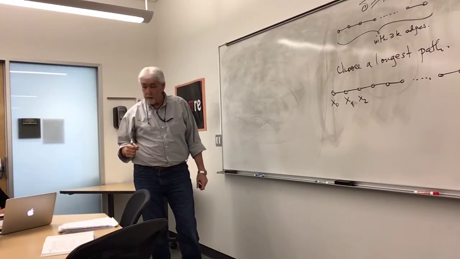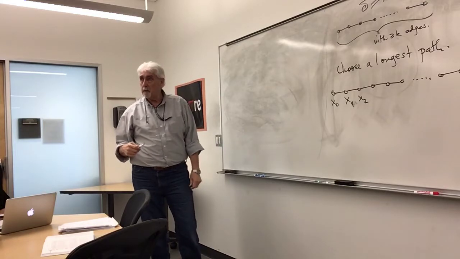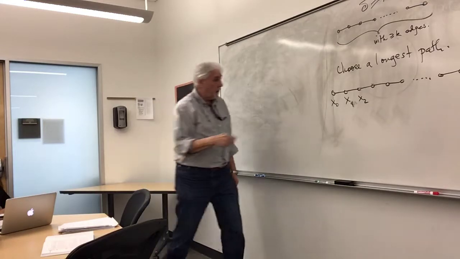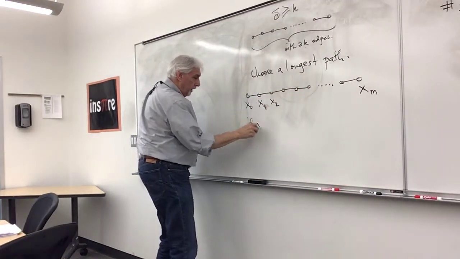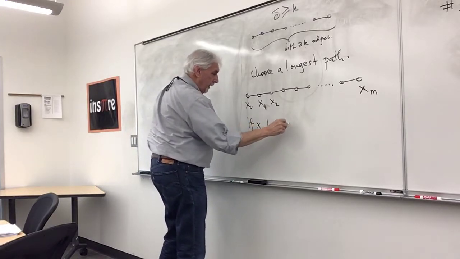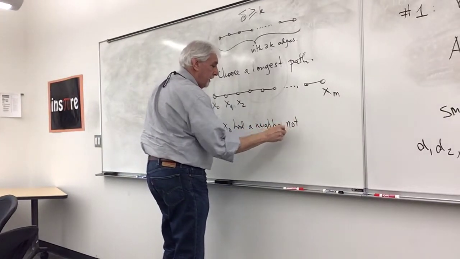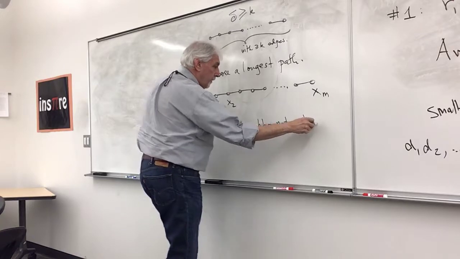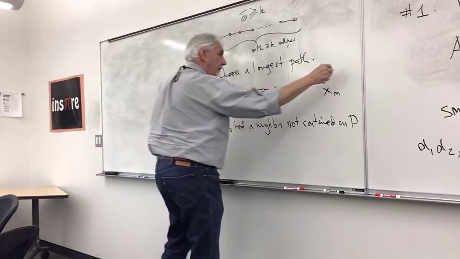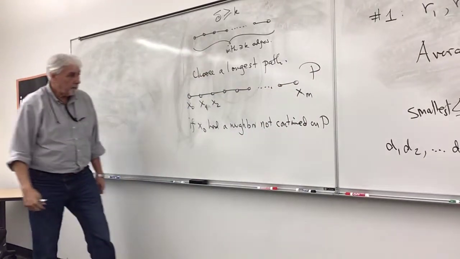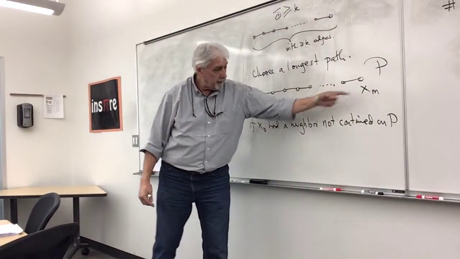Okay? All right. So let's look at the vertex x0. So x0, if x0 had a neighbor not contained on P. Okay, this is the path P. So the vertices on P are x0, x1, x2, up to xm.